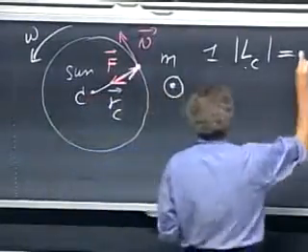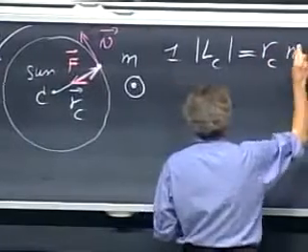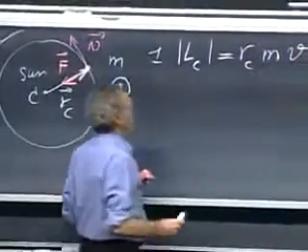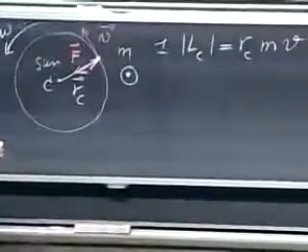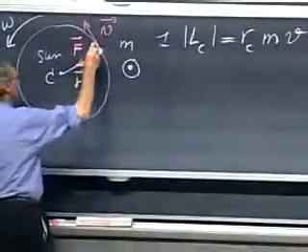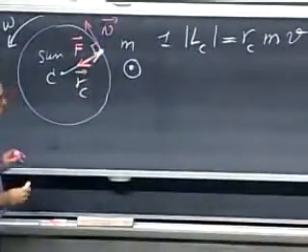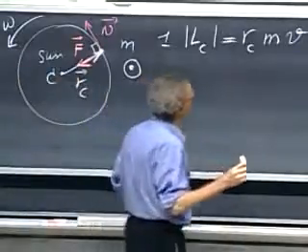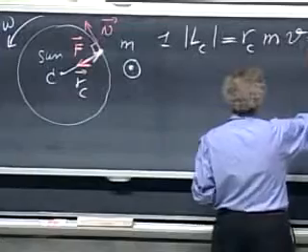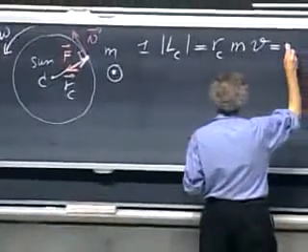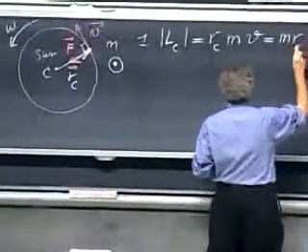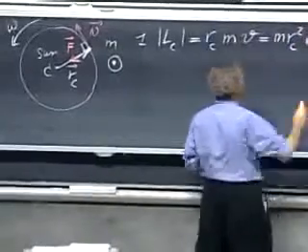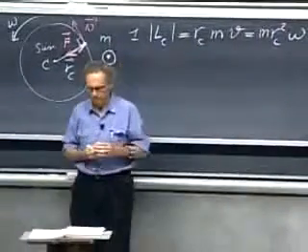That will be r of c times the mass times v. And the reason why I don't worry about the cross product now is because this angle is 90 degrees, so the sine of theta equals 1. Now, we may not like to leave v in there. It's up to you. You can always write v equals omega r, so you can also write then m r_c squared times omega. Either one is fine.